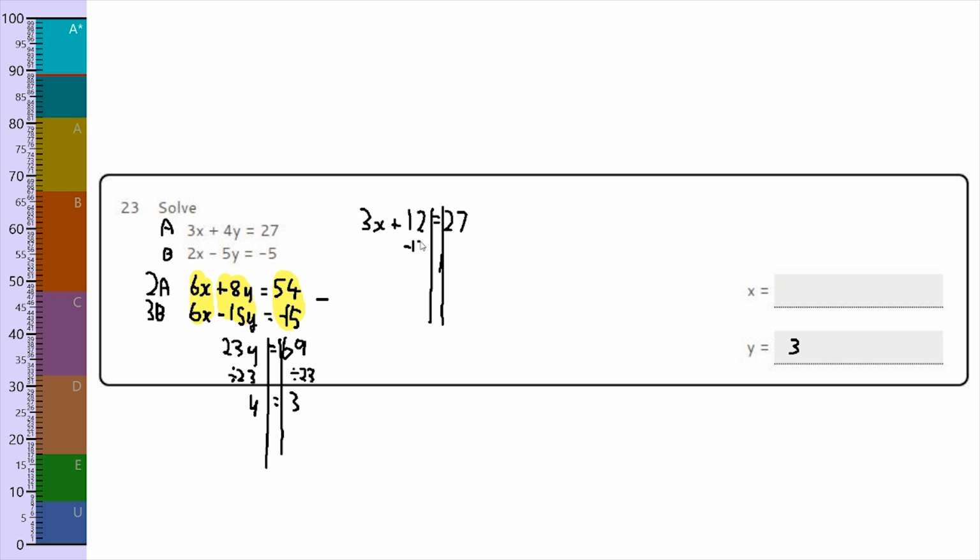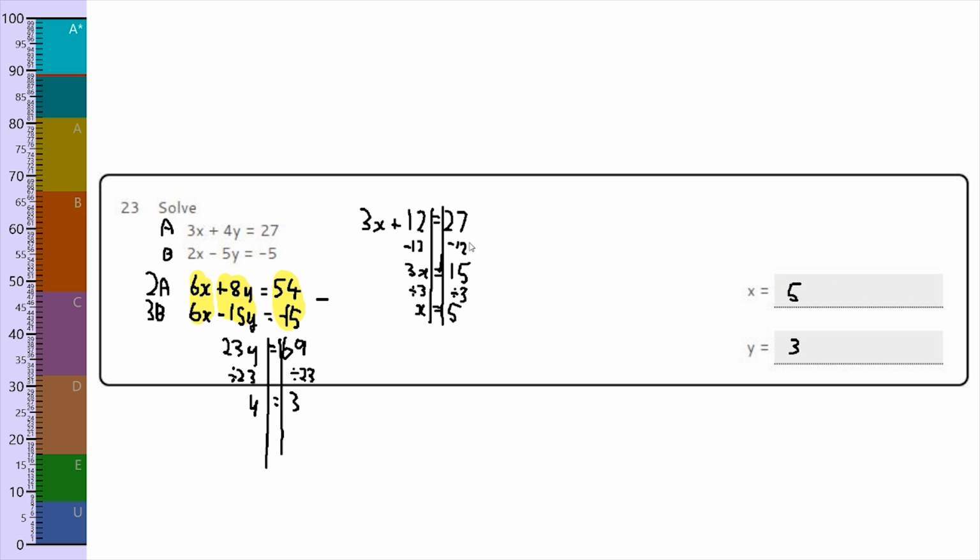So I'm going to take away 12 both sides. So I've got 3x equals 27 take away 12, well that's going to be 15. And then I'm going to divide both sides by 3. So it's x equals 5.